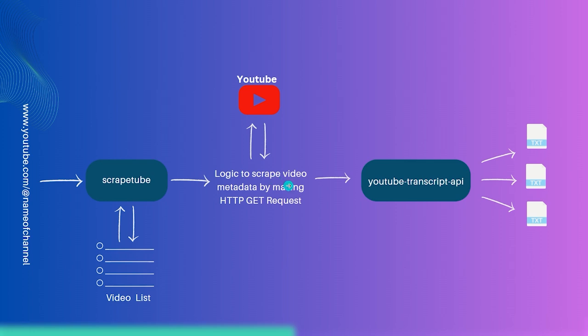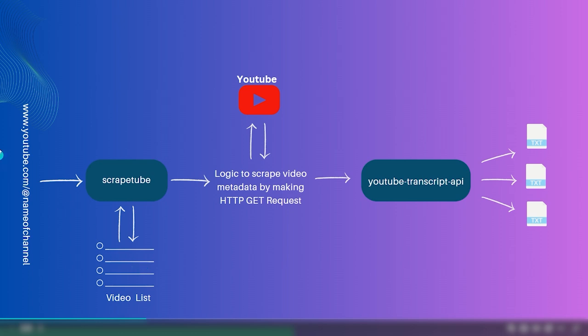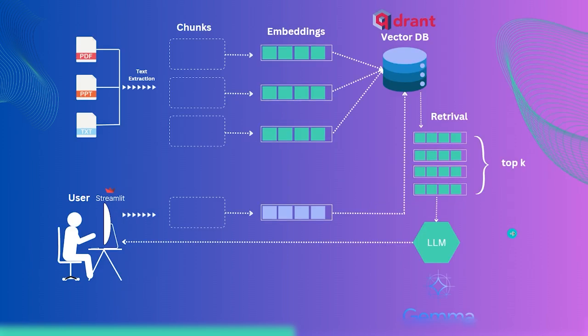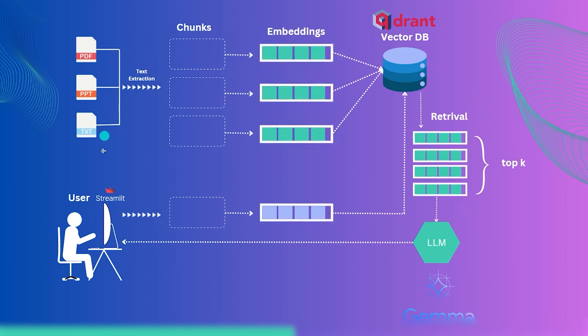Not the transcript. The transcript will get fetched using another package called YouTube Transcript API, okay? Once the transcripts are fetched for each and every video of that particular channel, we create a text file, okay? And then as you have the text here, this is a very generic RAG pipeline which you can see on your screen.